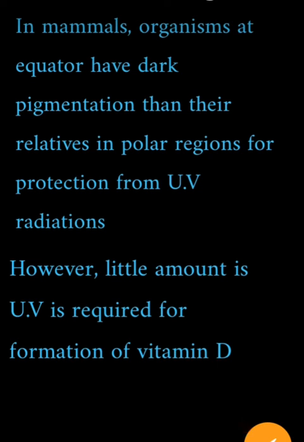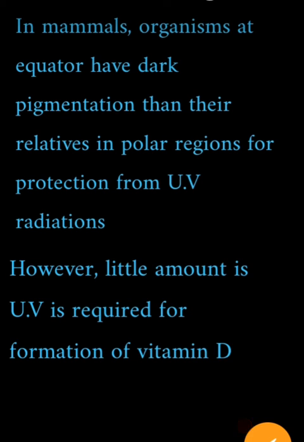So organisms which live at the equator are more prone to exposure to UV radiation, so their skin produces more melanin in order to avoid UV radiation. We need a little amount of UV radiation for the formation of vitamin D, but yes, this is true.